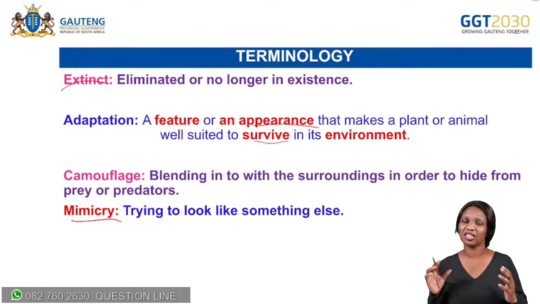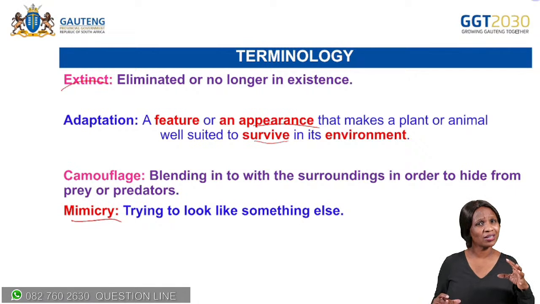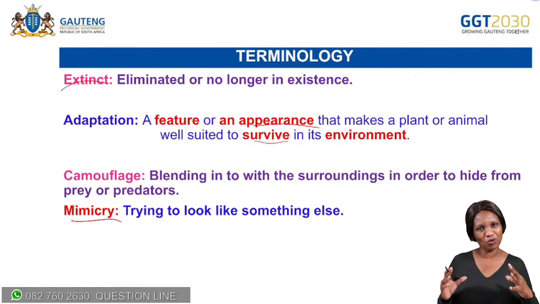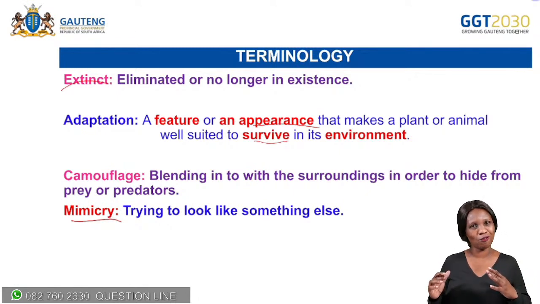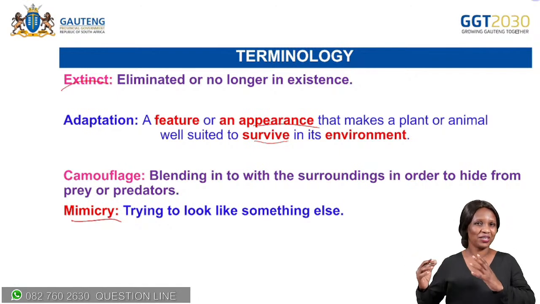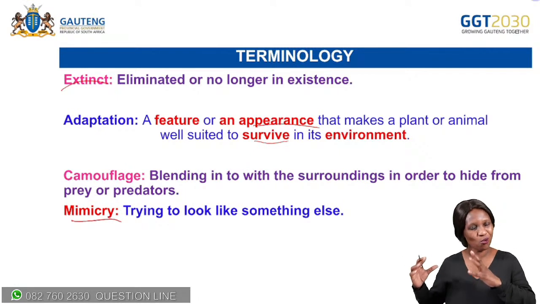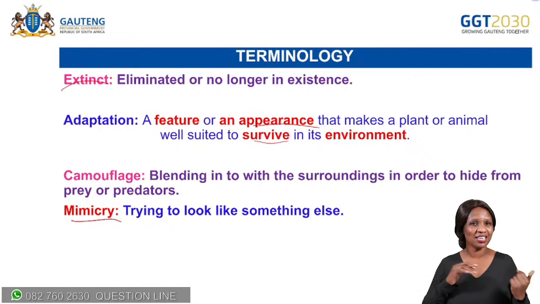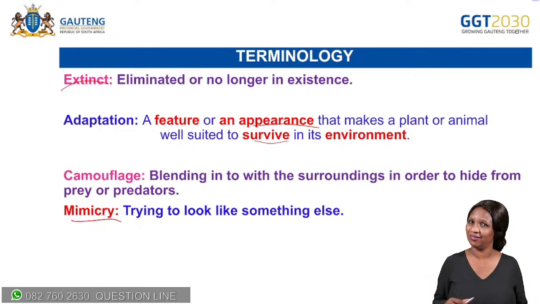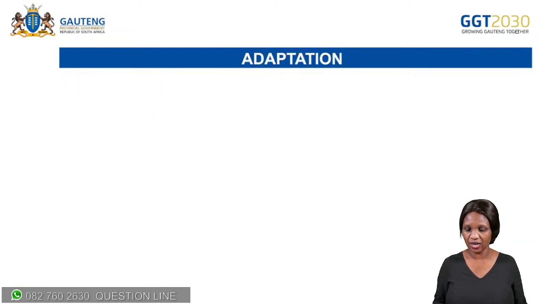The milk snake is not poisonous, but the coral snake is extremely poisonous. But they look similar. They almost look alike. Therefore, the milk snake is tricking its predators so that they won't attack it, thinking that it is a venomous coral snake.